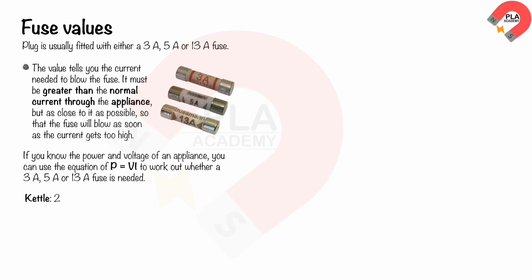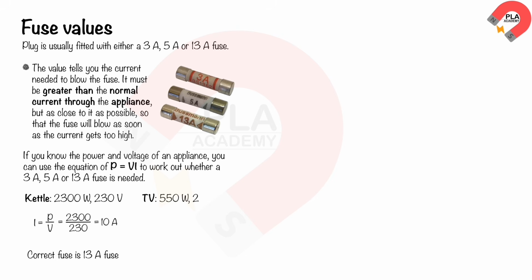For example, calculate the correct fuse that should be used for a 2300 watt, 230 volt kettle. Current equals power over voltage, equals 2300 over 230, which is equal to 10 amperes. So, a 13 ampere fuse is needed. TV, 550 watts, 230 volts.